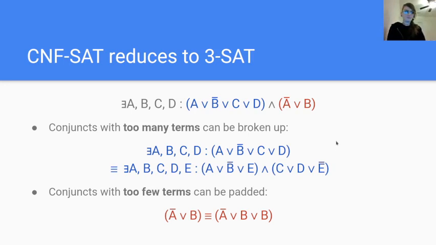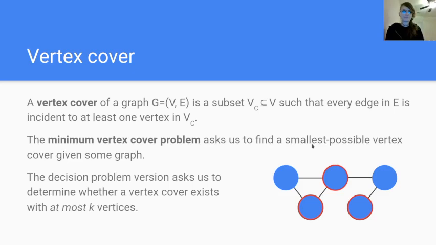And 3n is a polynomial time expansion in size. And we're just doing a constant amount of work to do that expansion for each unit of growth, I guess you could say. So it's a polynomial time reduction. Let's move on to another problem.